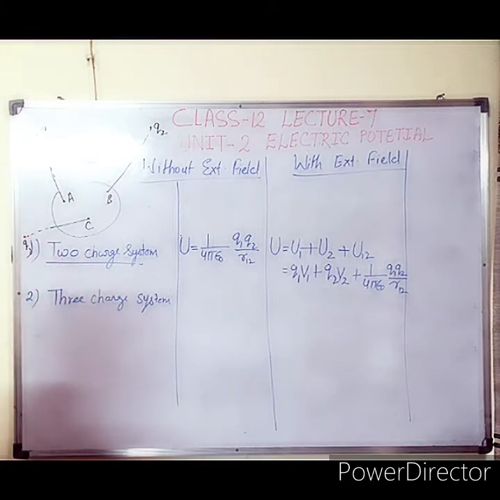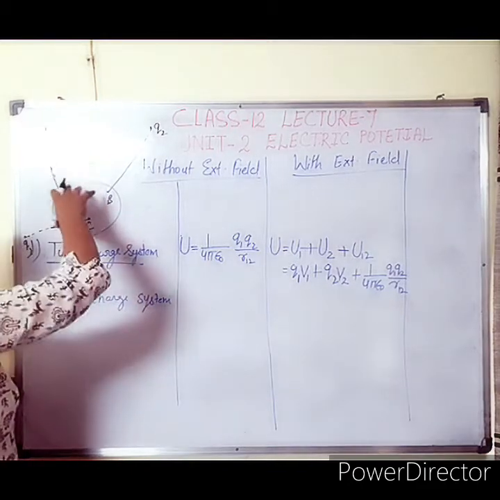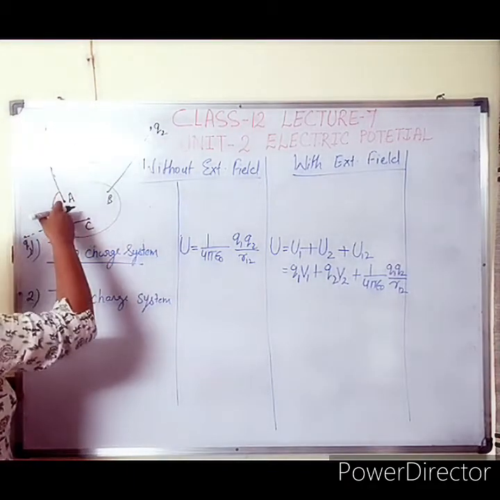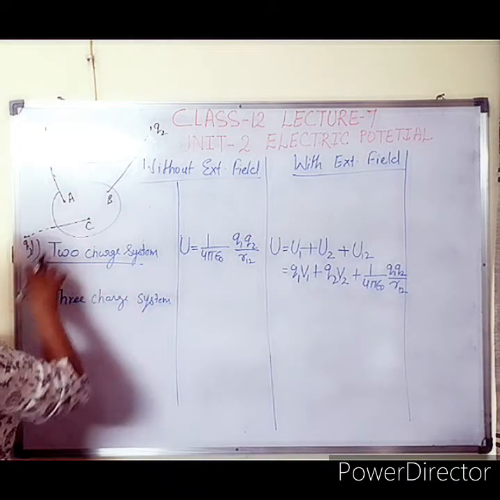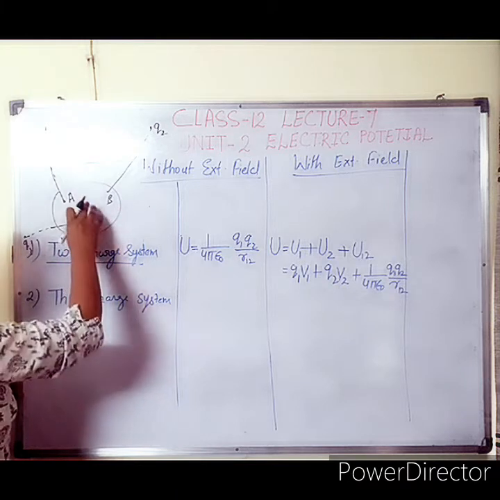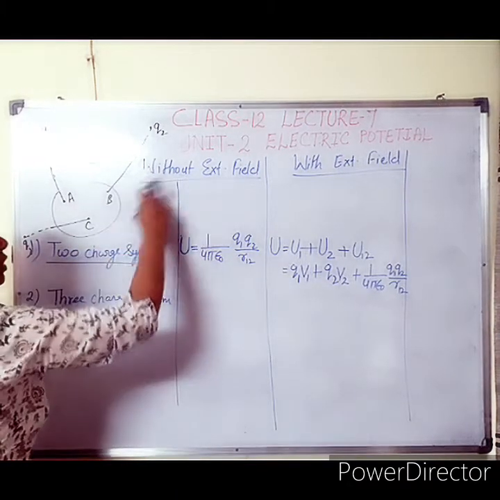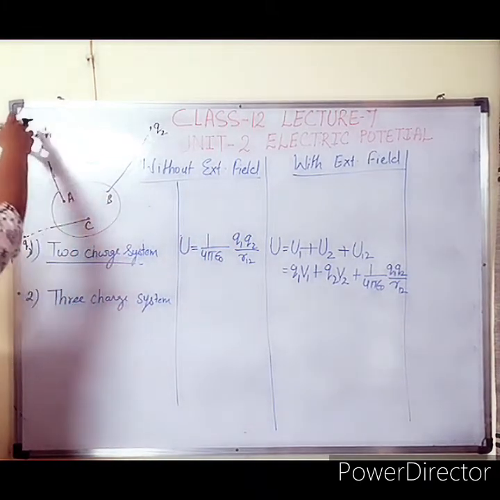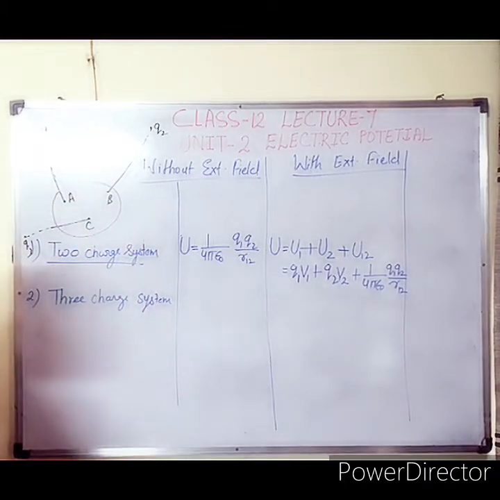So without field, there should be no work to bring these charges Q1, Q2 and Q3 from infinity, because there is no field here. No source charge is present here, for which there may be any field, because it is the case of without external field. So no field is applied here. That is why they can easily come from infinity, and now they will come in interaction with each other.